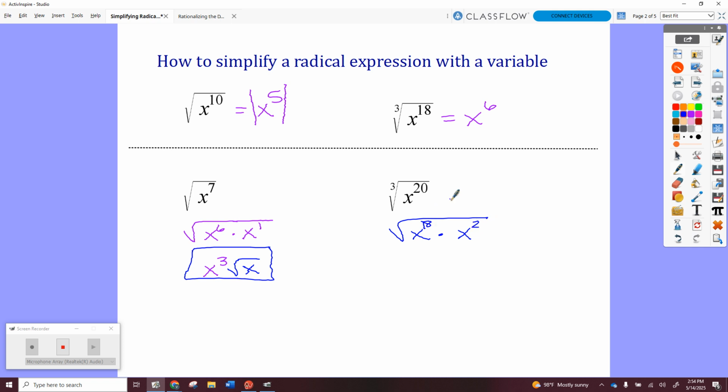So I can divide this one. 18 divided by 3 is x to the 6th power. But then this x to the power of 2 is going to stay underneath the radical. Sorry guys, I don't know why my writing isn't working well right now. So x to the power of 6 square root x to the power of 2.